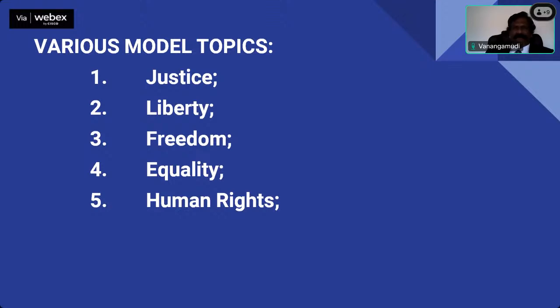Similarly, freedom, equality, and human rights. For instance, let me take equality, human rights. There is a branch called Human Rights you might have come across. There is a Human Rights Act in India, the Human Rights Act of 1993.